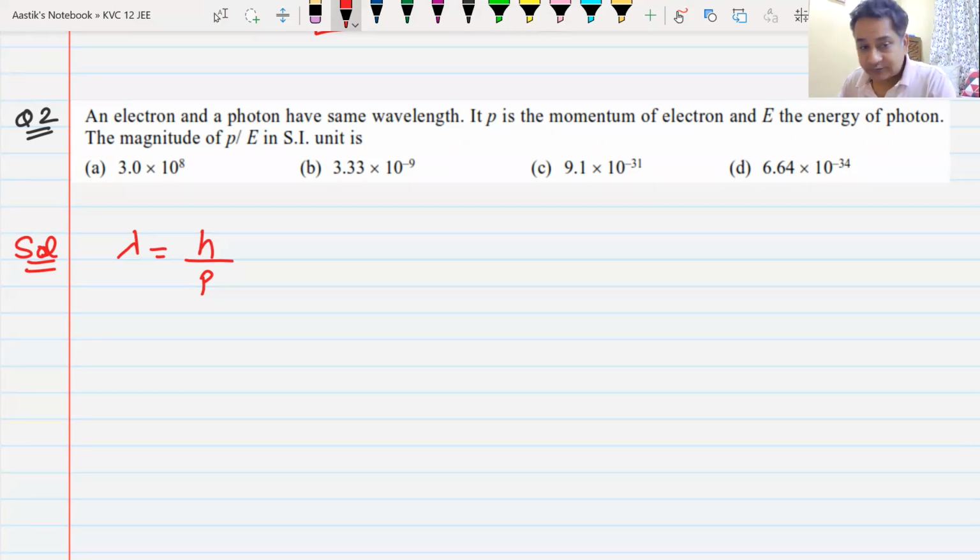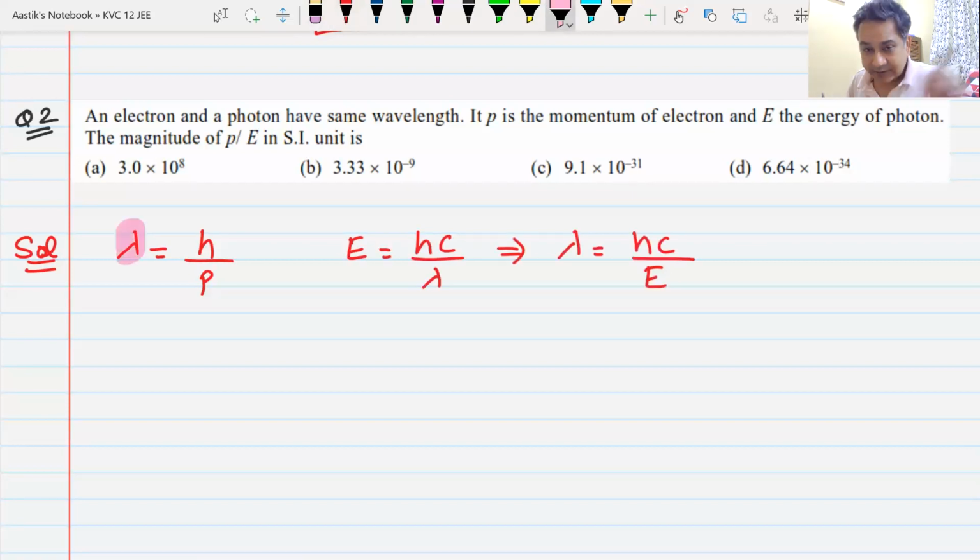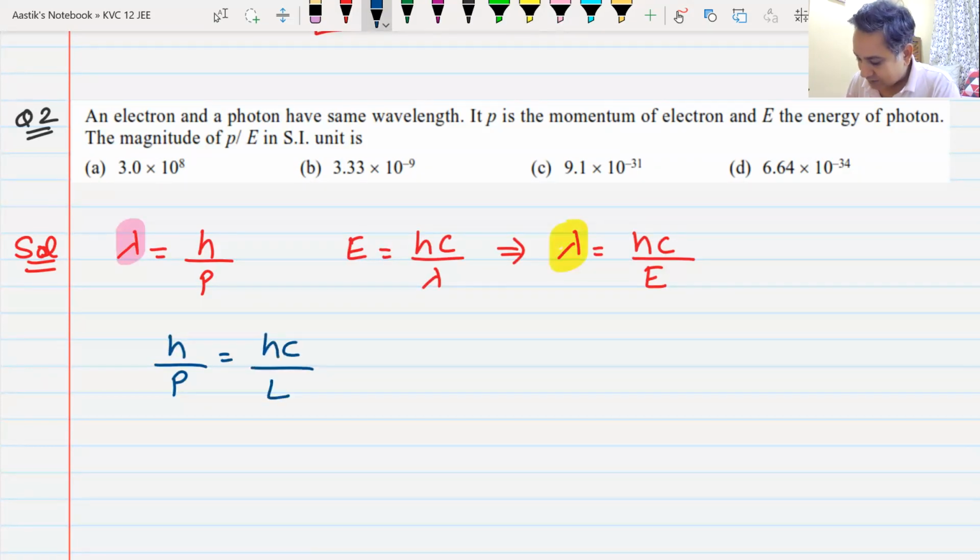For your photon, energy is given. So energy is hc by lambda for the photon. So from here I can find lambda equals hc by E. Now this is the matter wave lambda, and this is the photon lambda, and both lambdas are the same. That means h by p is equal to hc by E.